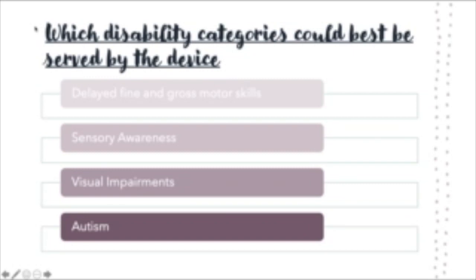So which disability categories could best be served by this device? We have maybe a student who has delayed fine and gross motor skills, being able to press down on things, sort things out, just being able to more develop those motor skills. We have sensory awareness, being able to see the colors, see the numbers and everything, but being able to touch things, press buttons can really help with the sensory awareness as well as the lights.